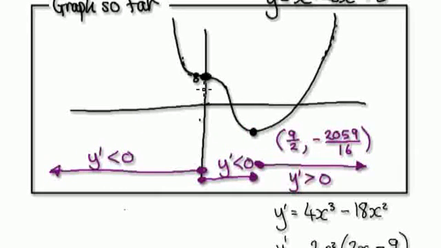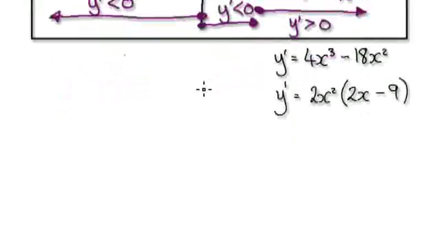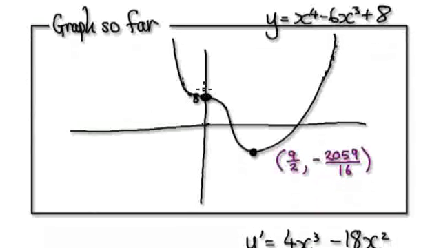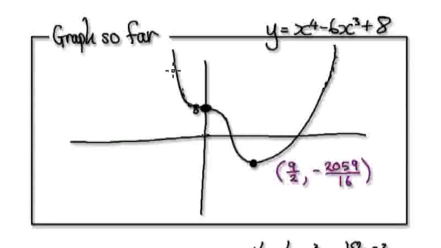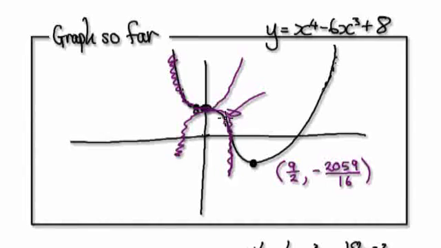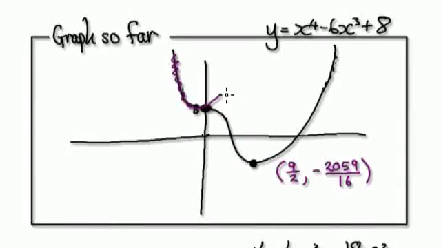Now let's look at the second derivative. When you look at the second derivative, this bit here is concaving up, and this bit here is concaving down.